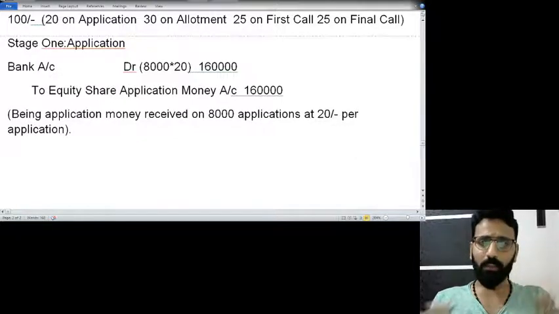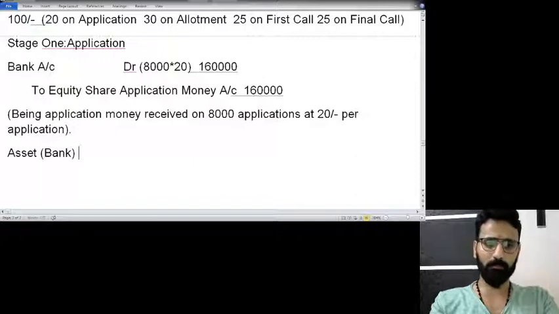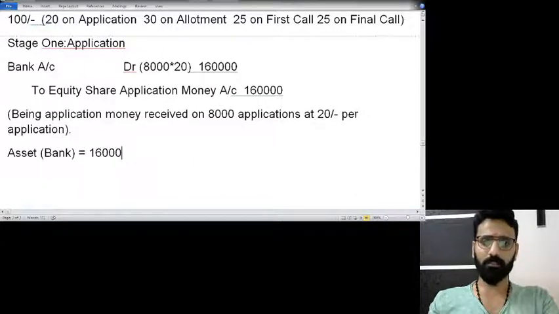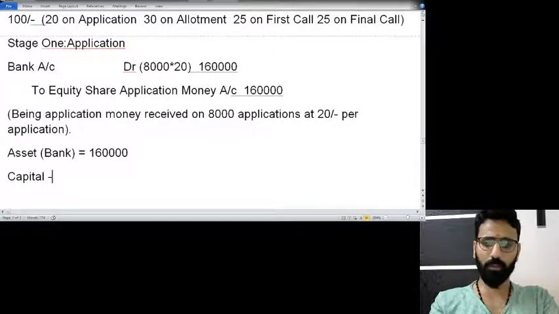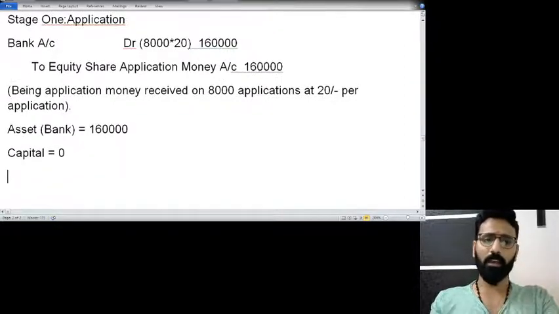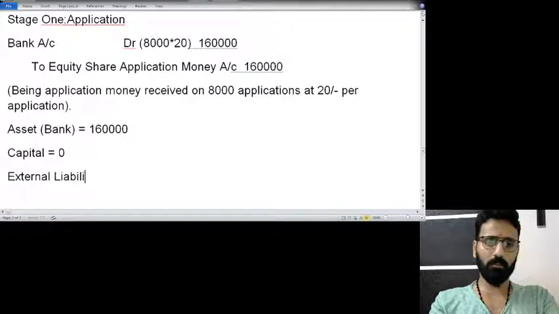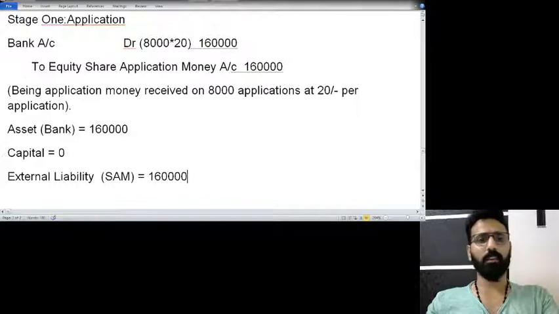How will the accounting equation be satisfied here? Your asset is your bank, which is 1,60,000. Your capital is 0, as of now no capital, and your external liability is your share application money, which is 160. So the equation is what?